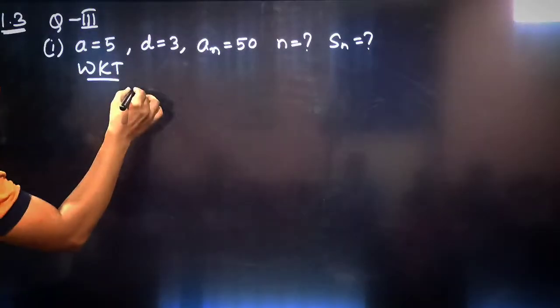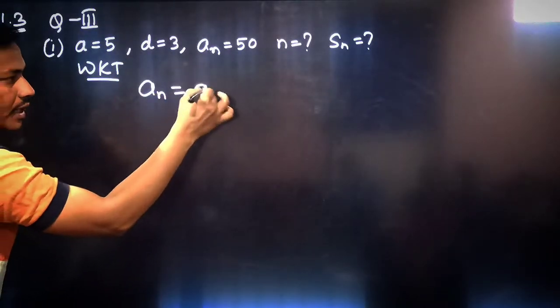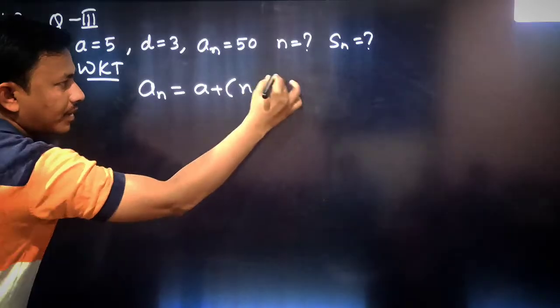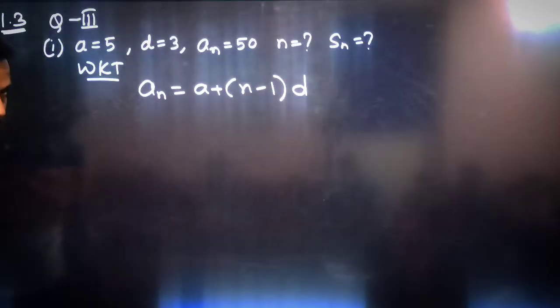Okay, what is the formula? an is equal to a plus in bracket n minus 1 into d.